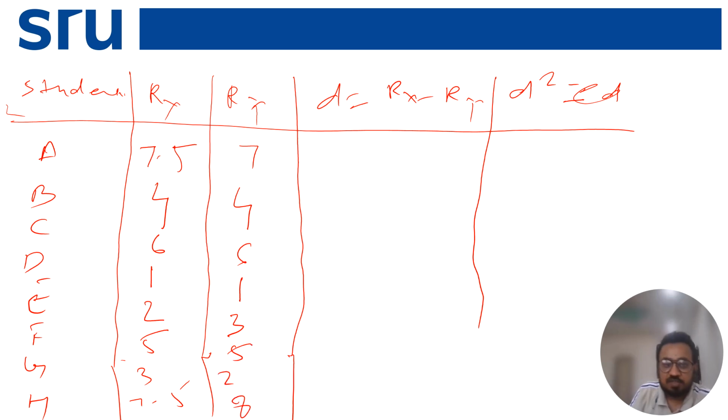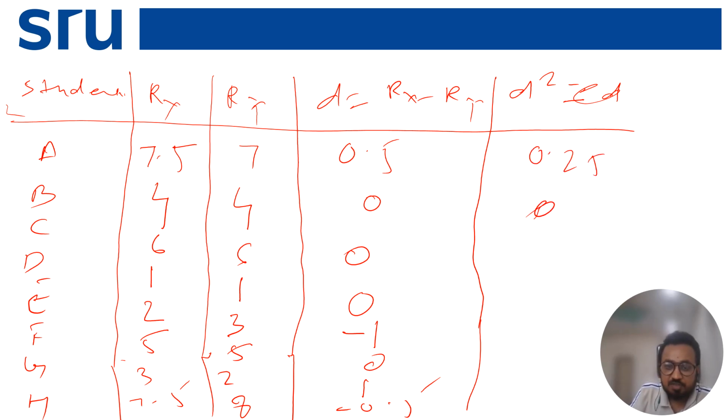Right? So now we will find the difference. This is 0.5, this is 0, 0, 0, minus 1, 0, 1, and this is minus 0.5. If we find the square of these, we get 0.25, 0, 0, 0, 1, 0, 1, and 0.25.